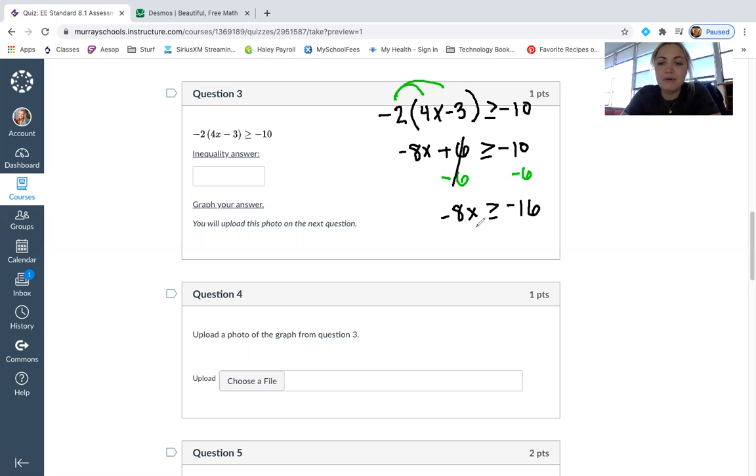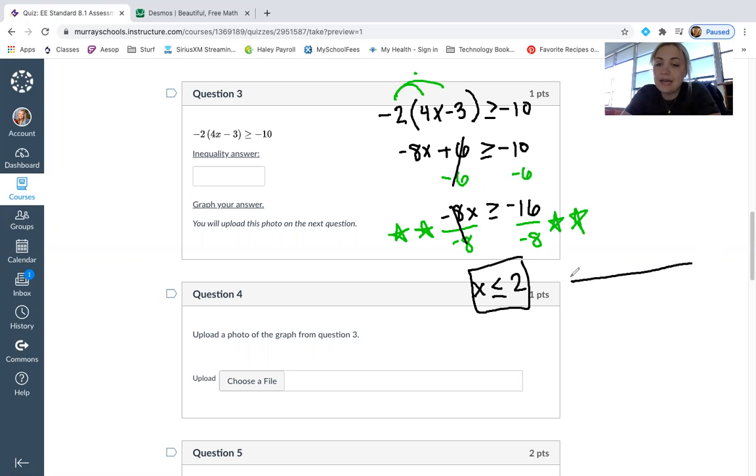Last step, divide both sides by negative 8. Now, when you divide both sides by a negative, that is like beep, beep, beep. Don't forget that you need to reverse the symbol. So instead of is greater than or equal, we've got x is less than or equal to positive 2. And when I shade that, I'd have my number line here, positive 2, 3 would be above that, 1 would be below that.